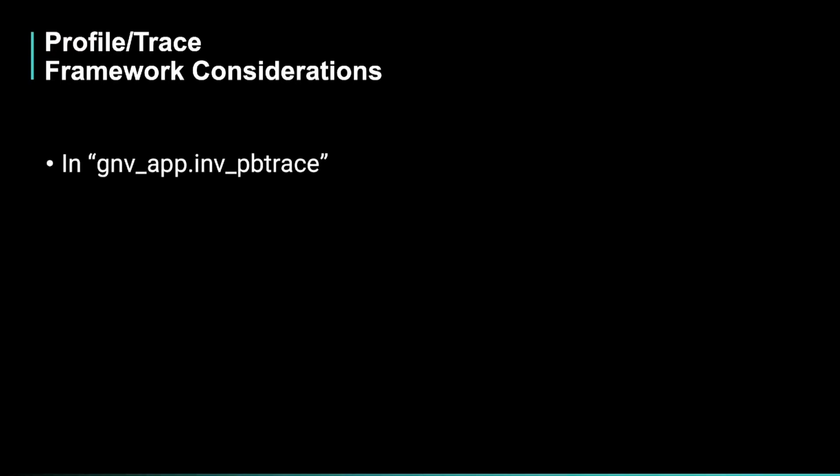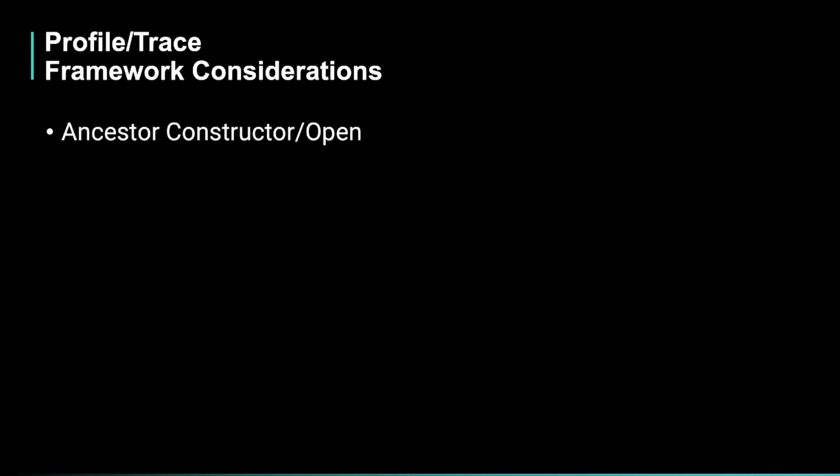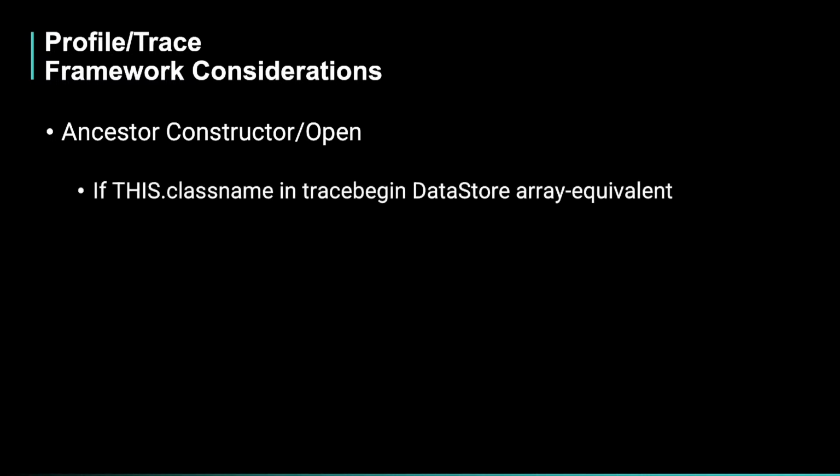We also have in the PB trace NVO a global flag, a Boolean, for trace is in process. And in the ancestor of our framework, in the constructor or open event of these ancestor classes, if this class name is in the trace begin data store array equivalent column, we find out if it is by utilizing find.